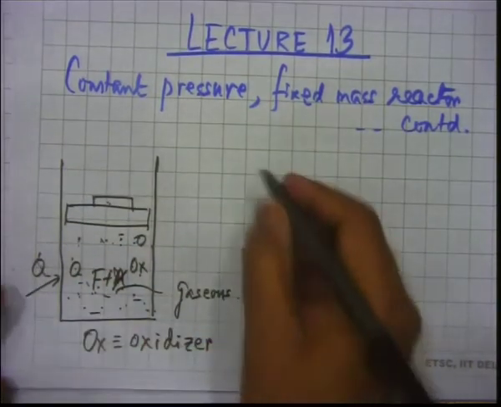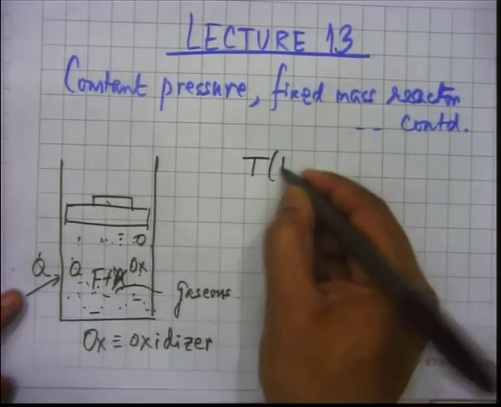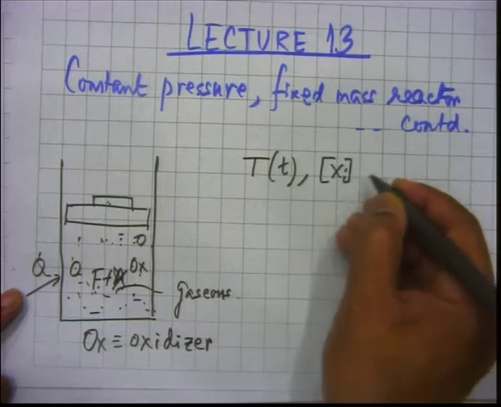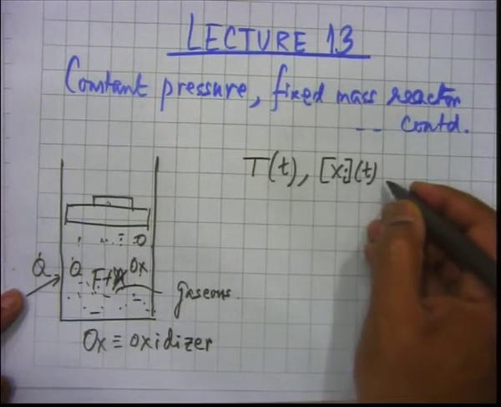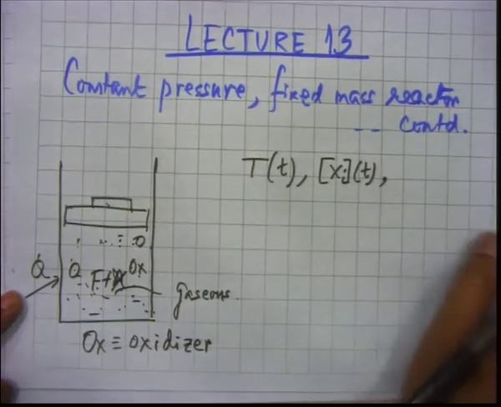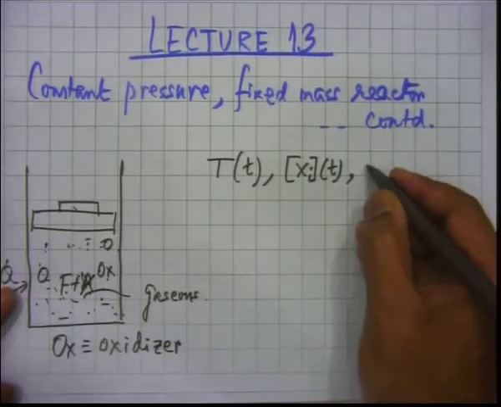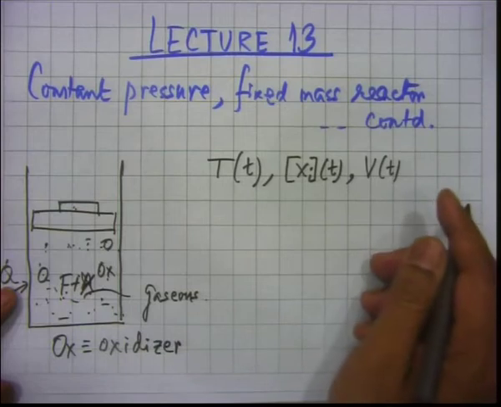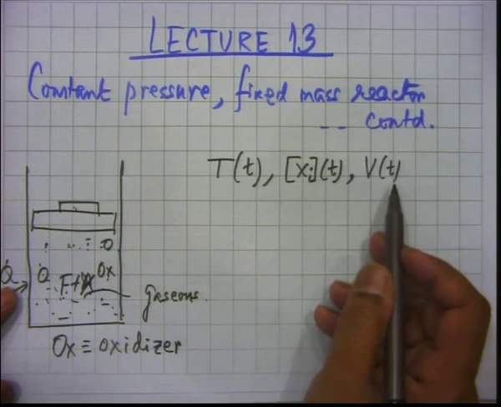So, keeping all this in mind, we said that temperature is a function of time, and we also said concentration of the ith species is a function of time, and there is another one, volume as a function of time. When you added all this, you got 3, or what did you get? You got n plus 2. Okay.